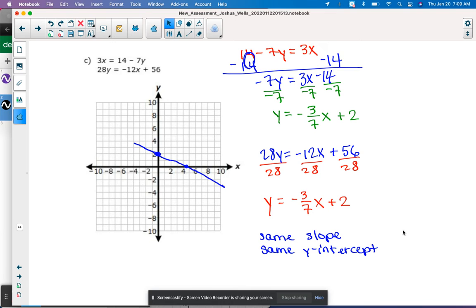Good enough. So that's kind of what our line would look like. And the second line would be graphed right on top of it. And what this means, again, is that they share infinite points. So it has infinite solutions.